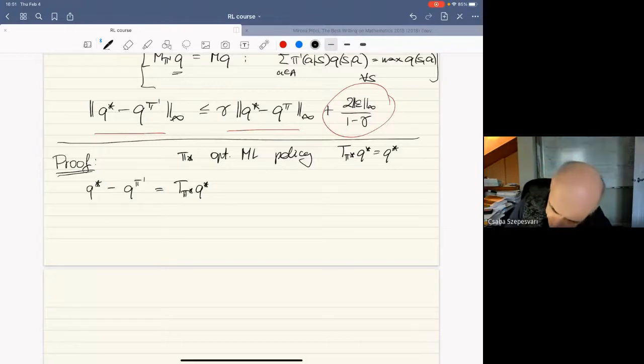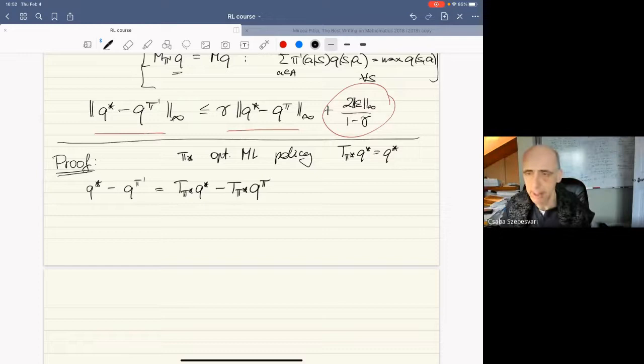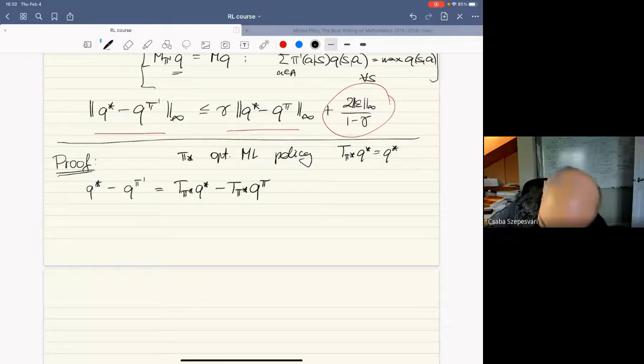And since we want to somehow bring in this term here, we're going to subtract and add, and we subtract the term that we would like to appear. So we want to see the action value function of pi appearing. So we subtract that. Now we have to add it back.